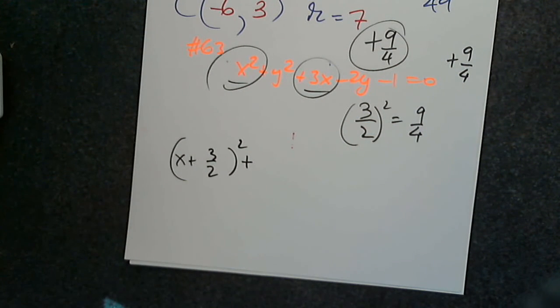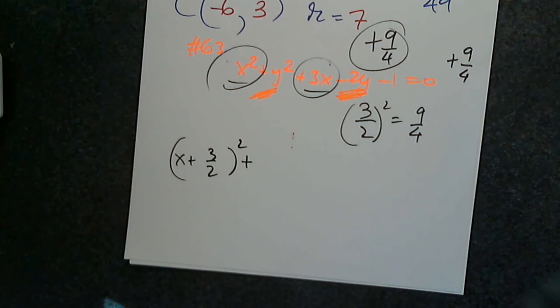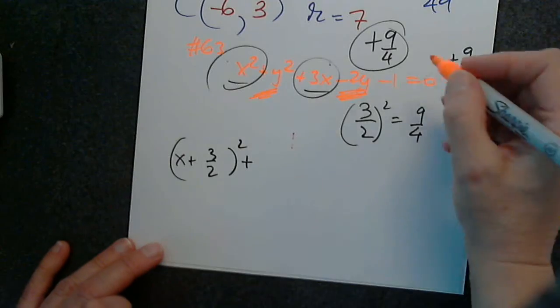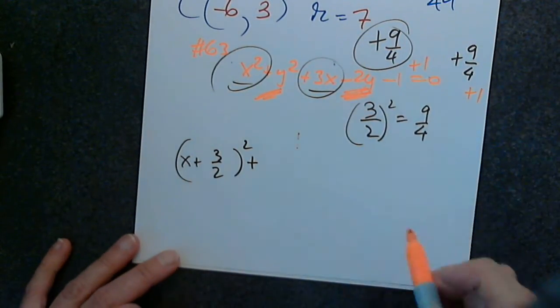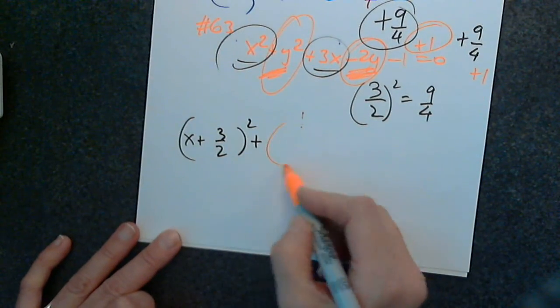let's look now at y. Middle coefficient, negative 2 divided by 2, negative 1 squared. Negative 1 squared is? Excellent. So now this and this and this plus what?